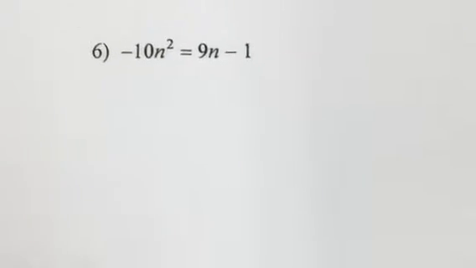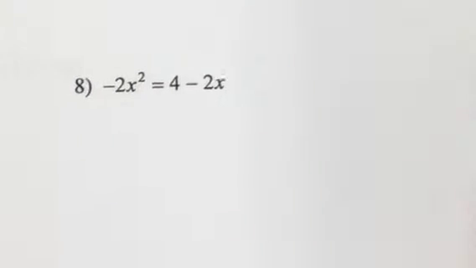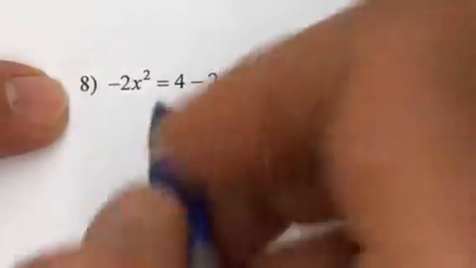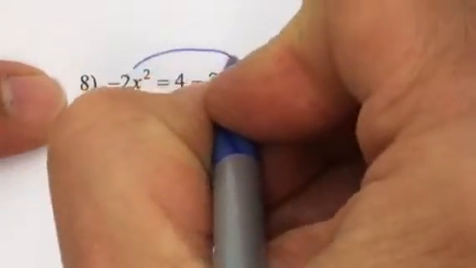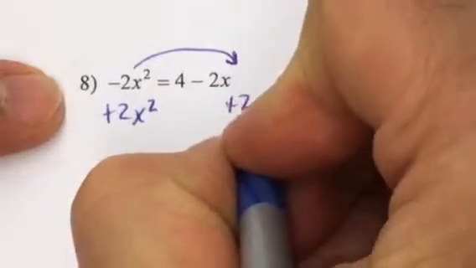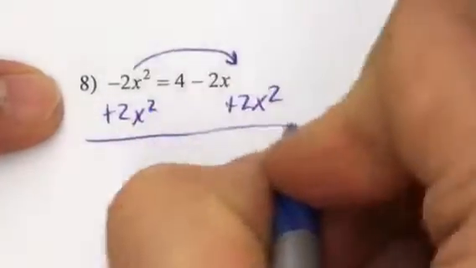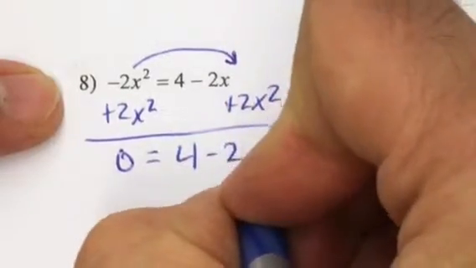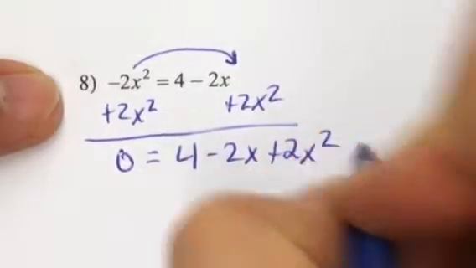I'm going to jump over here to another one, maybe number 8. See what happens. First off, I'm going to get it equal to 0. It's not equal to 0. So I'm going to move this over to here by adding 2x squared. 0 equals 4 minus 2x plus 2x squared.